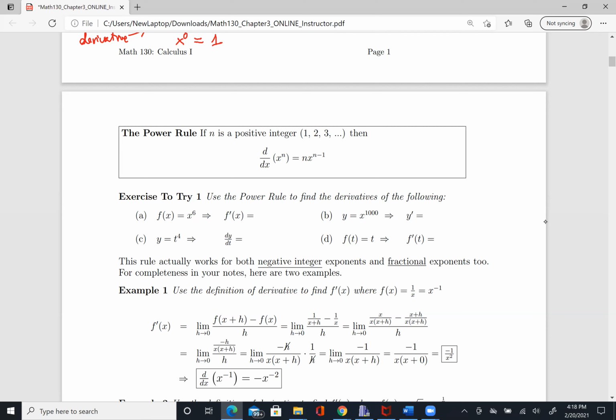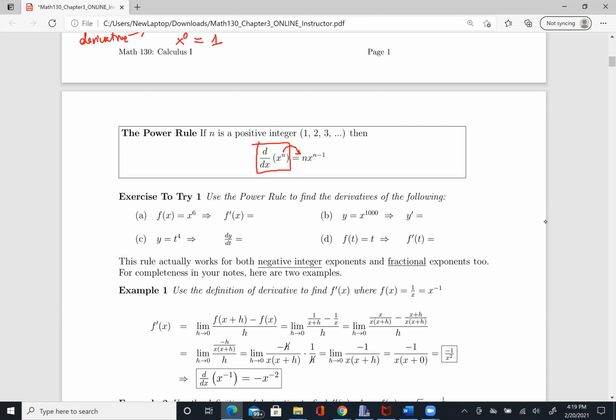So here we are trying to take the derivative of x power n, right? We see that this n, this power, becomes the coefficient of the derivative expression.